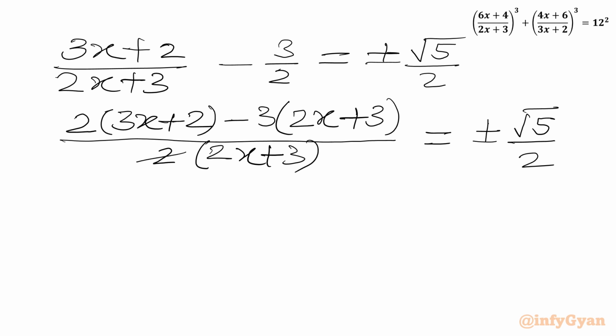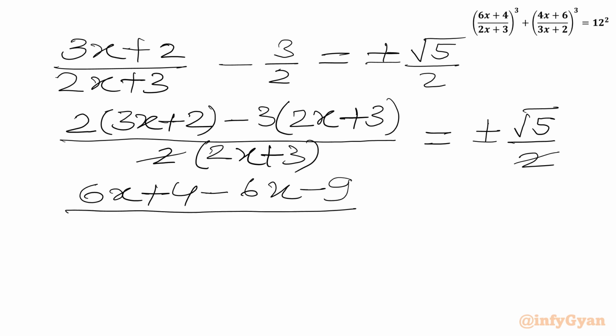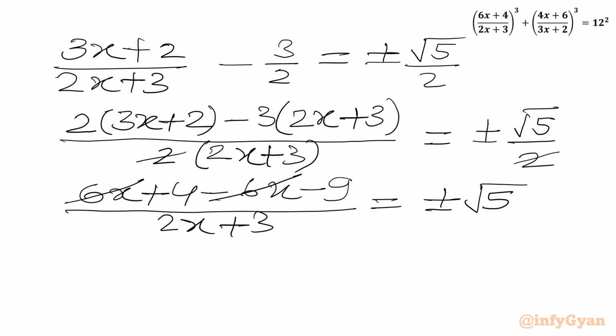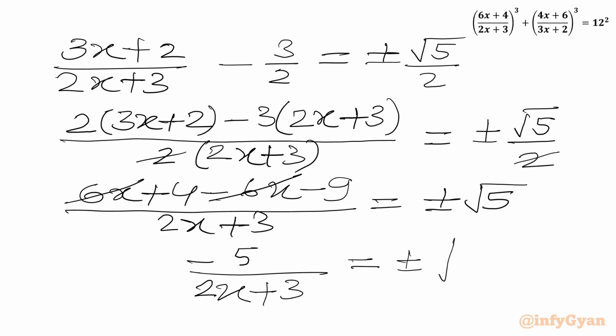Now we can cancel this denominator 2 from both sides. Now I will expand 6x plus 4 minus 6x minus 9, and denominator is 2x plus 3, equal to plus minus root 5. Now plus and minus 6x will be over, so we will get minus 5 over 2x plus 3 equal to plus minus square root 5.